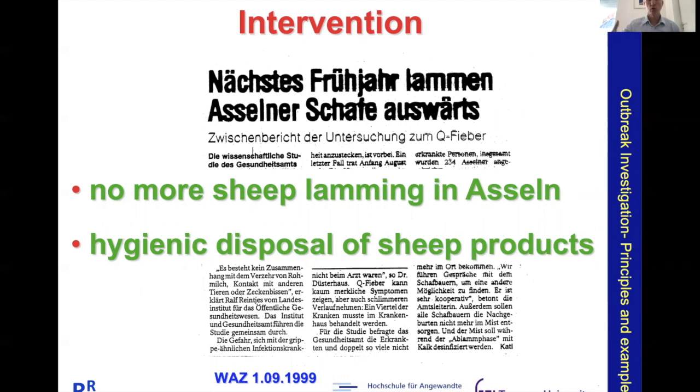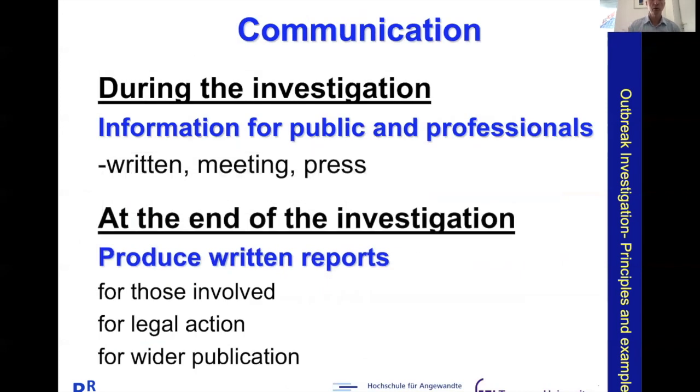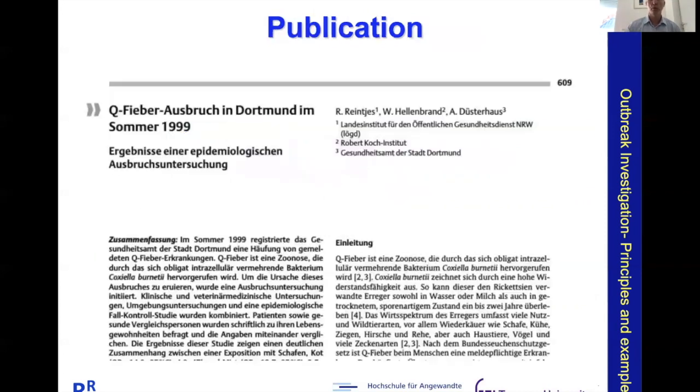With this outbreak analysis, and with the clear results, we could have a strong impact on public health policy, which was then also implemented. And we reported on this, for example, in information for public and professionals in the media, as you saw in one of the newspaper articles, and we produced a written report and an article, Q fever in Dortmund during this time.